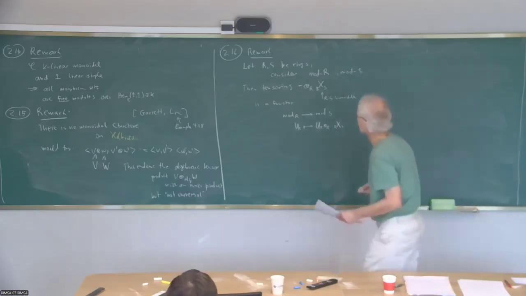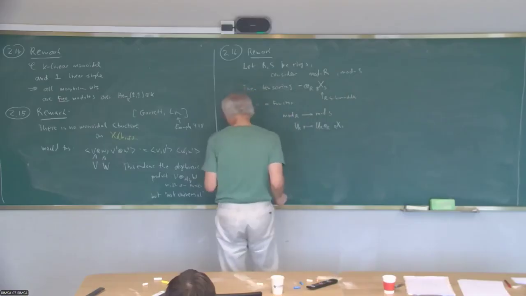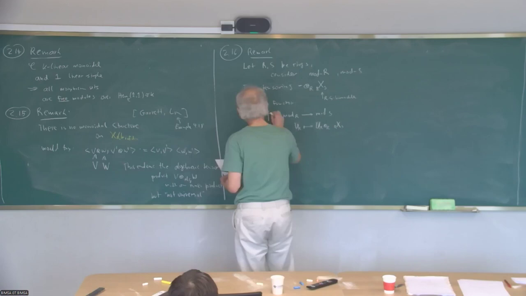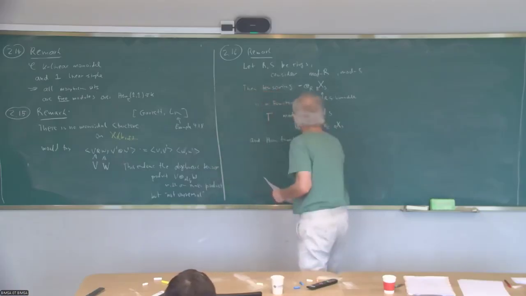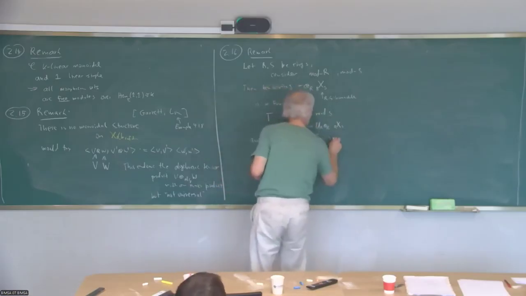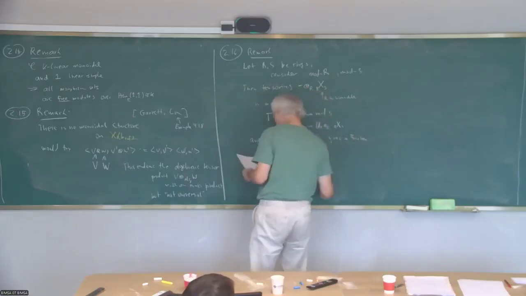And also taking the hom, let's call this functor T for tensor, and the hom functor gives a functor in the opposite direction.